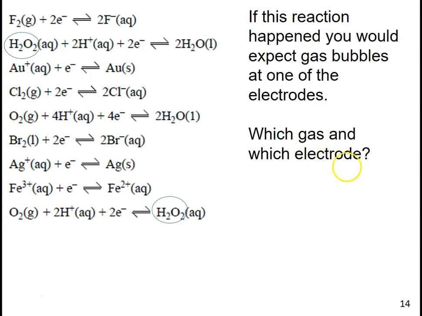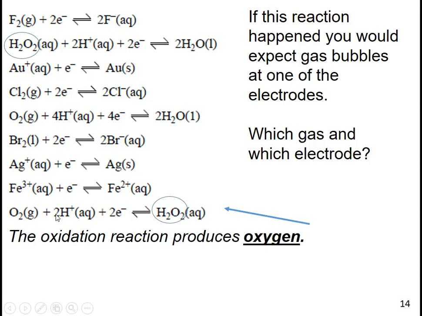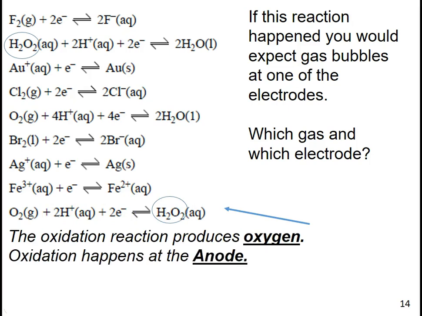If this happened, you would expect gas bubbles at one of the electrodes. Which gas and which electrode? So if you have a look, you're making water here, and you're making oxygen gas here. Okay, this reaction is oxidation, isn't it? When you go in the reverse direction, it's oxidation.